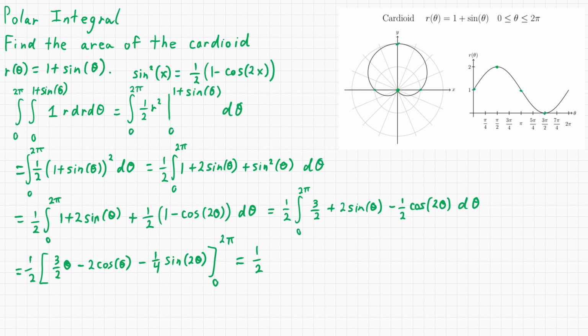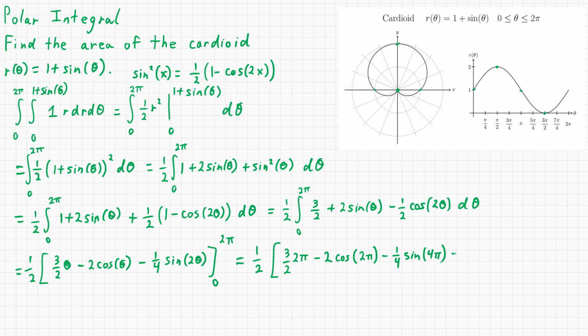So we have 1/2 here. We've got 3/2 times 2 pi minus 2 times cosine of 2 pi minus 1/4 times sine of 4 pi.